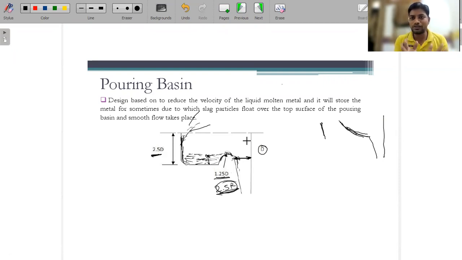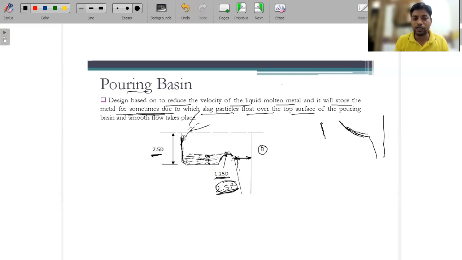There is not that much required here, because we are using this pouring basin just to store the material for the time being. The design is based on reducing the velocity of the liquid molten material. It stores the metal only for some time, due to which particles float over the top surface.